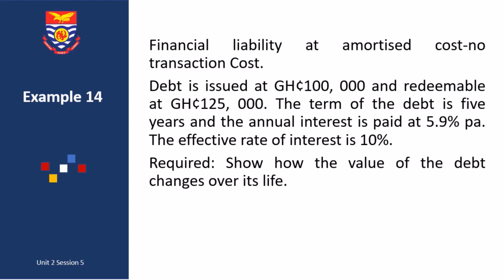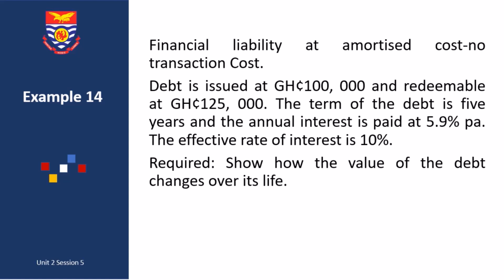Now, example 14 in the book. Financial liability measured at cost with no transaction cost. So the question says debt is issued at 100,000 Ghana cedis and redeemable at 125,000 cedis.